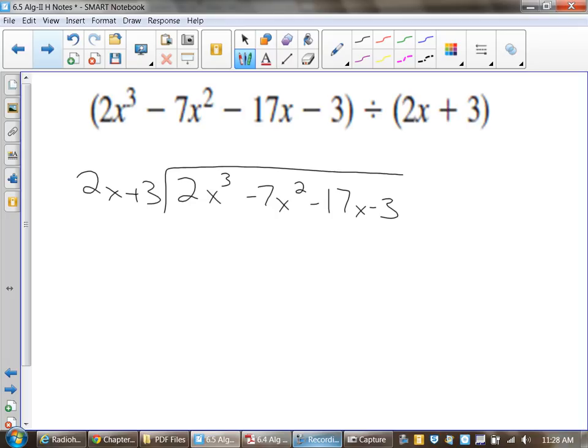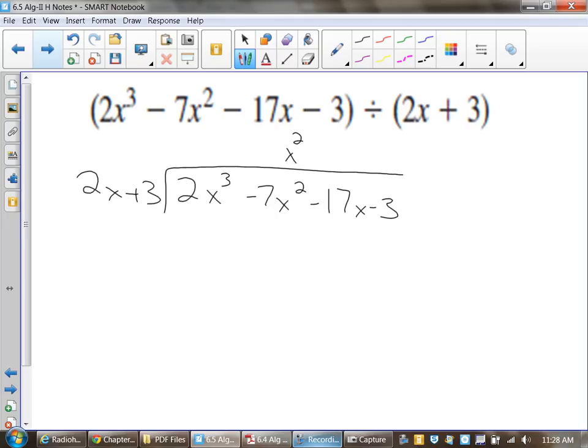Just x squared. Okay? So if I want to multiply it by x squared, where do I put this? Above the x cubed, the x squared, the x, or the constant? X squared. You always put it above the value of the degree.